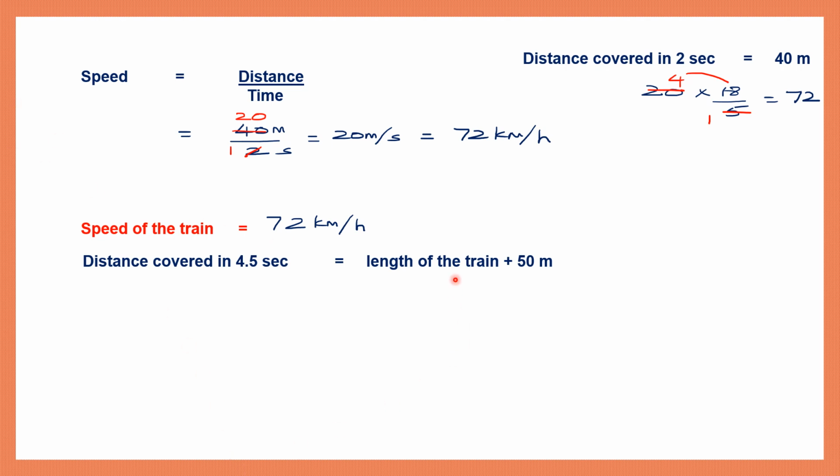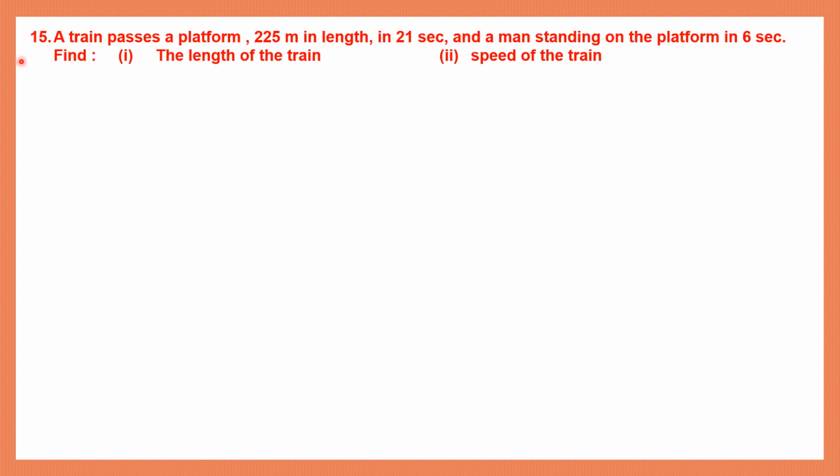So whether you use the distance covered in 4.5 seconds, or the distance covered in 2 seconds, your answer will be the same, 72 kilometers per hour.